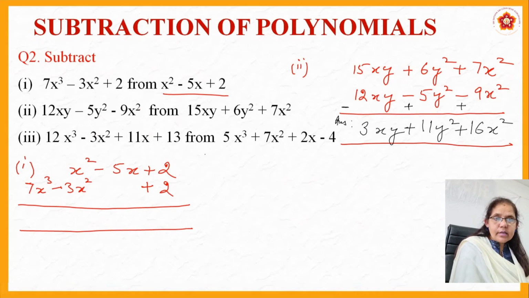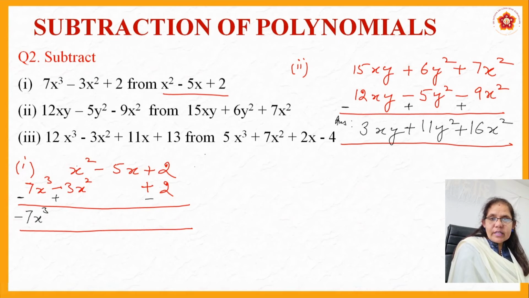So we have written it first. Then 7x cube minus 3x square plus 2 is written below. We have to change the signs. When we change the signs, minus x cube, there is no x cube term in the first polynomial. So we will just note it down as it is.